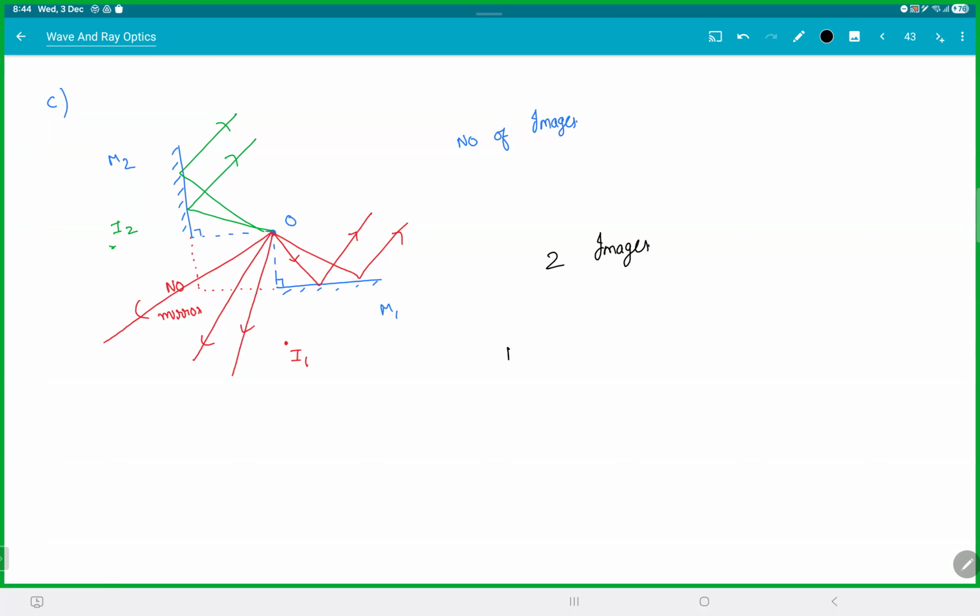So rays from M1 do not reach M2 and vice versa. Clear with this?